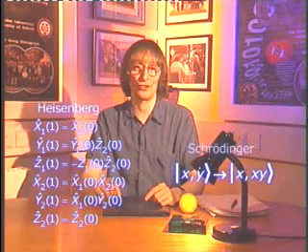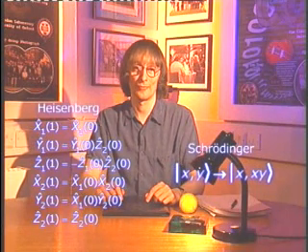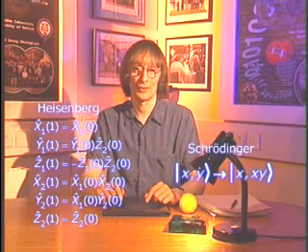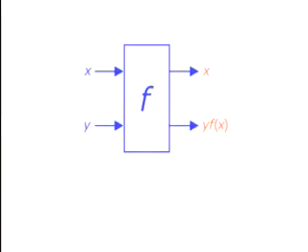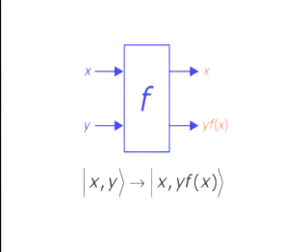And again, compare this with the Heisenberg picture definition of the controlled NOT gate. The operation of the oracle is as follows. Ket x, y goes to ket x, y⊕f(x).